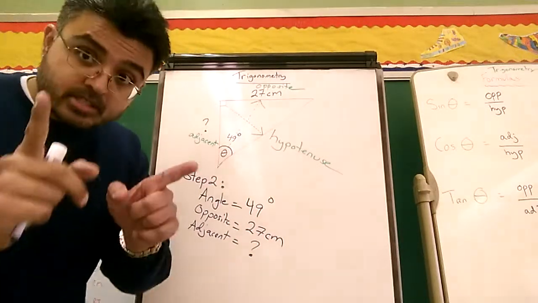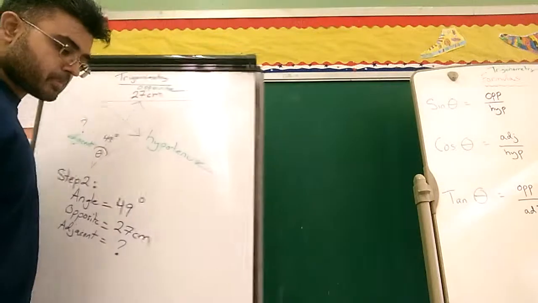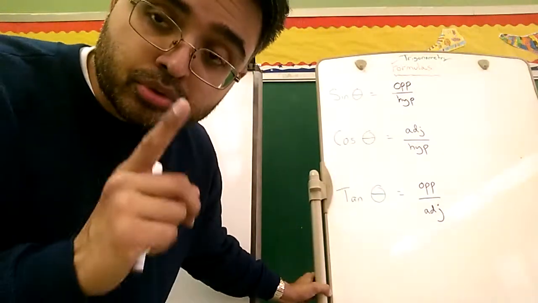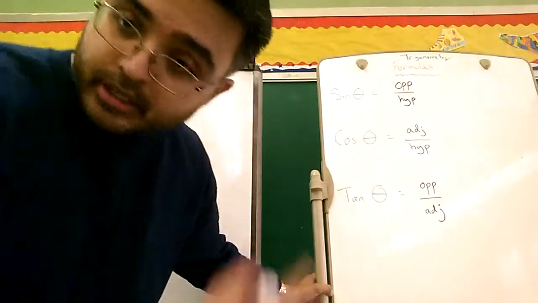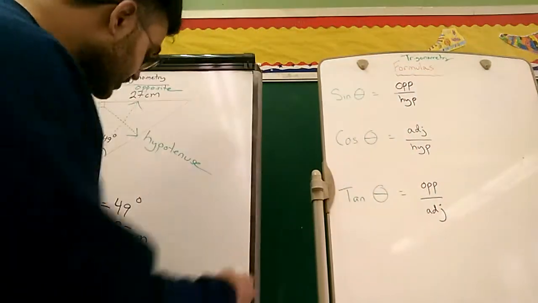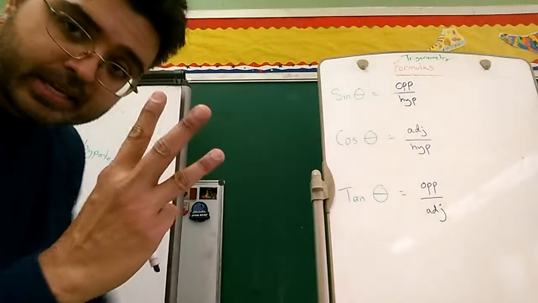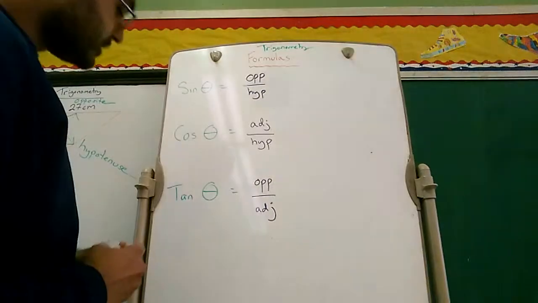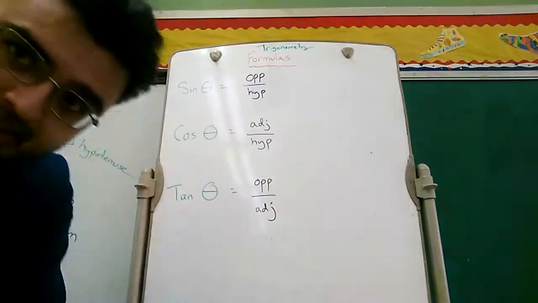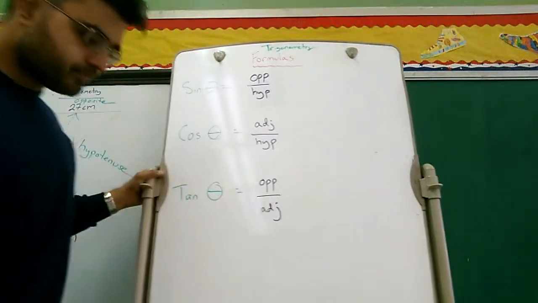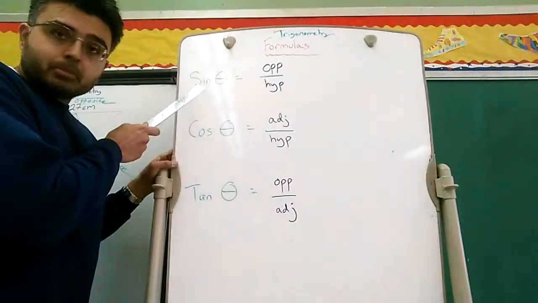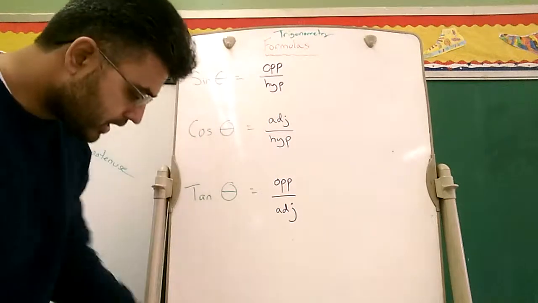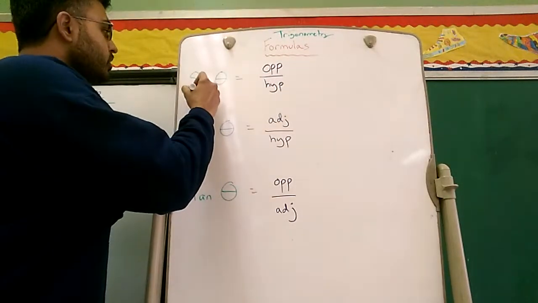Step 3. This is the important step. Let's take a look, because in this step, you have to use the right formula in order to solve the answer. Let's take a look at 3 trigonometry formulas. They've got fancy names, but they're very easy. The first formula right here, this SIN, is pronounced sine. Let me write it for you. This is called sine.